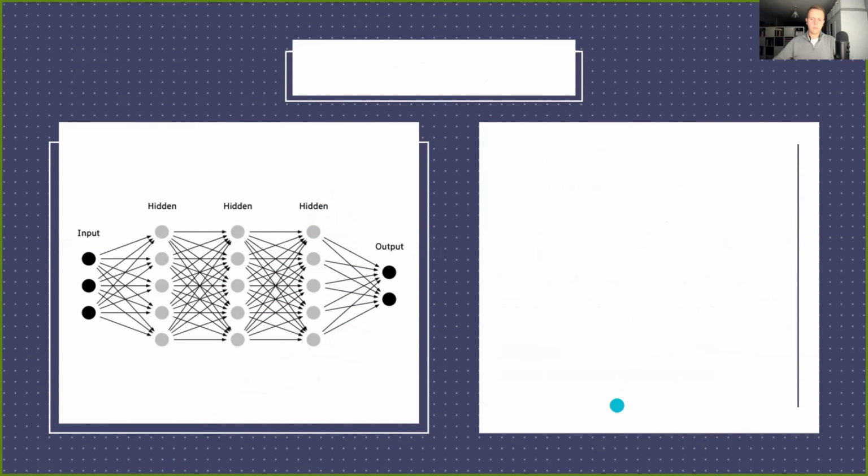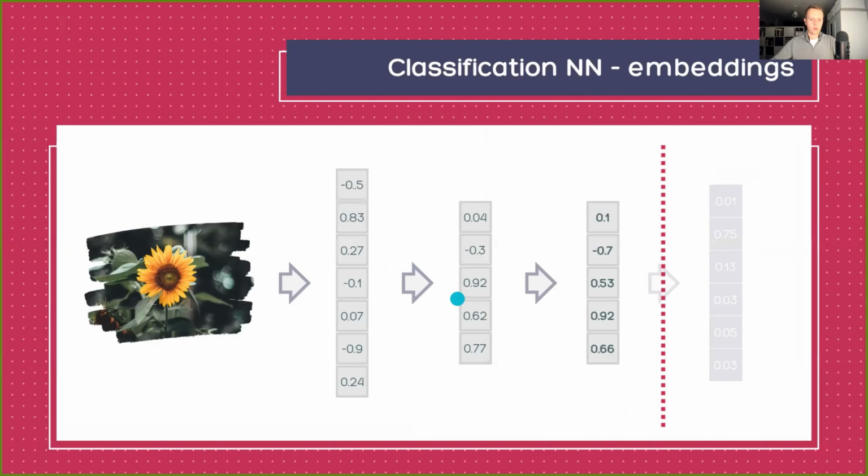Because if you have this original network designed for classification, we could actually get rid of the last classification layer and try to work with the state of the previous one. We can simply detach the output layer and start extracting this state as a representation of the input data.